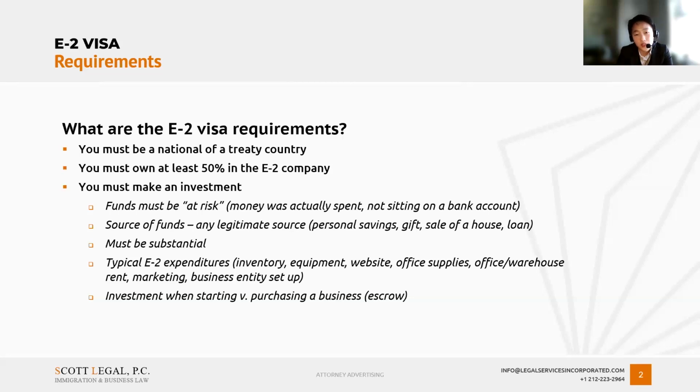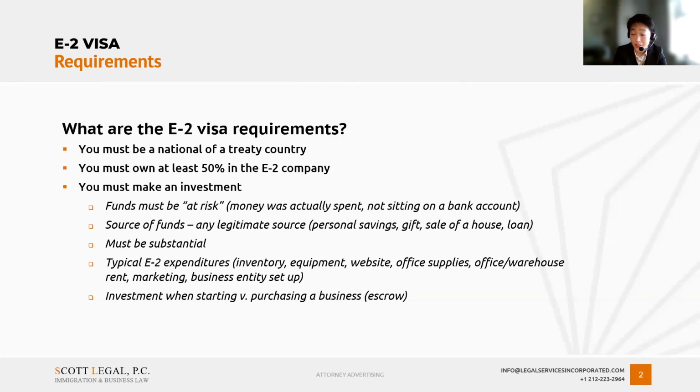To be eligible for the E-2 visa, you must meet certain requirements. The first requirement is that you must be a national of a treaty country. The E-2 visa is an option available to nationals of countries that have signed an economic treaty with the United States, and this includes many countries around the world, in all continents, including, for some examples, Canada, Mexico, UK, New Zealand, Australia, Singapore, Jamaica, Philippines, etc. It is not available to nationals of certain countries that have not signed such a treaty.